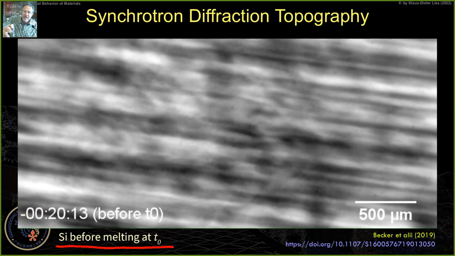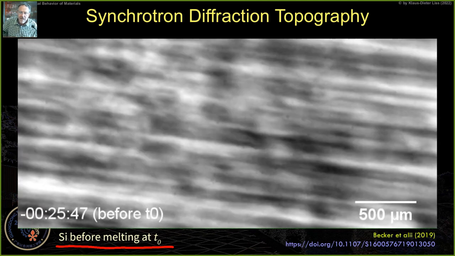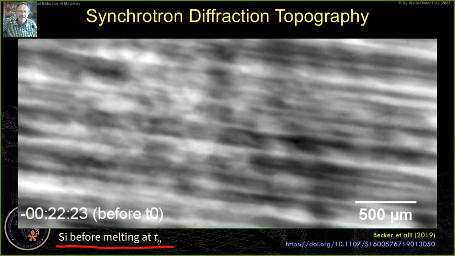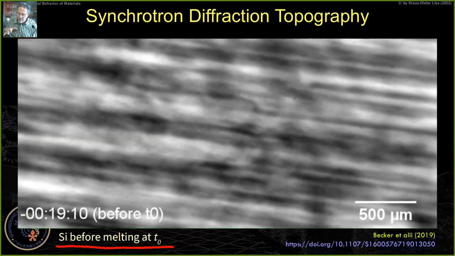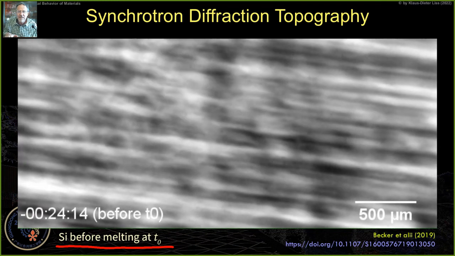You see these slight shades moving from one side to the other, and this is because when you hold a crystal, it's never stress-free, even if you put it on a table. Atomistically it's never stress-free.